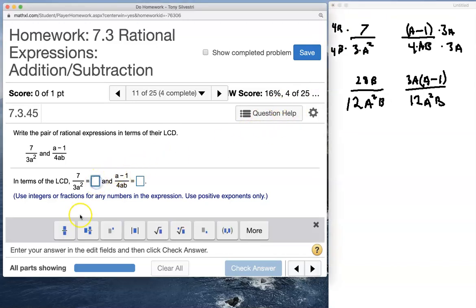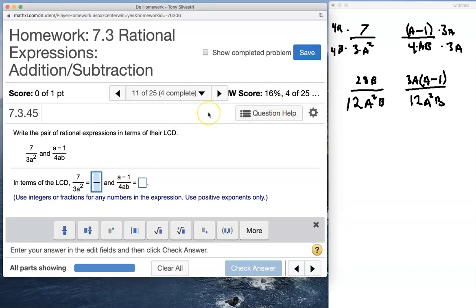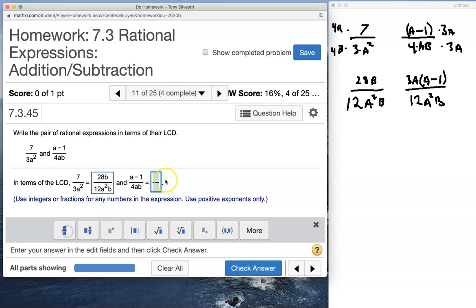And I'm going to say, well, there's no multiple choice here, but what we're going to say is the top here is 28b over 12a squared. Bring it down to b. And this guy over here is the same denominator, so I'll get that done first.